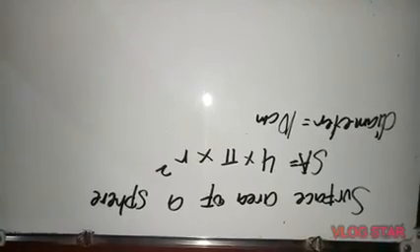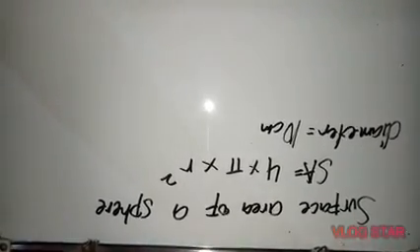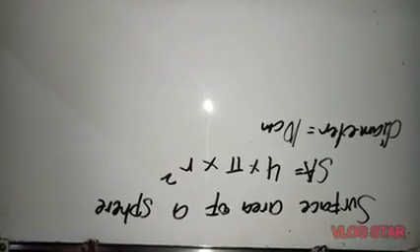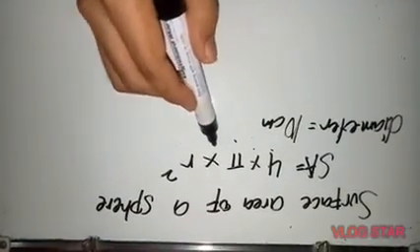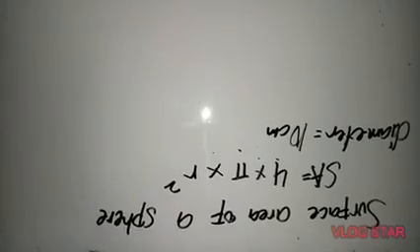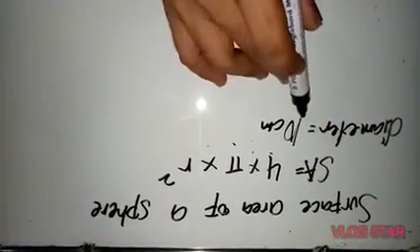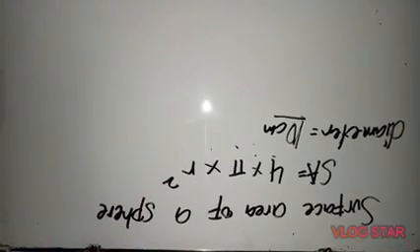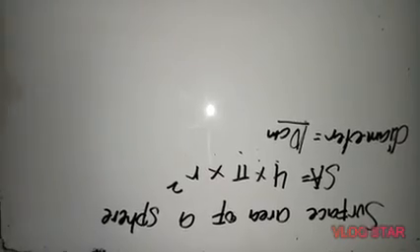So the next one is surface area of a sphere. The formula for surface area of a sphere, there is only one, which is 4 times pi times r square. So for example, given the diameter which is 10 centimeter, find the surface area of the sphere.